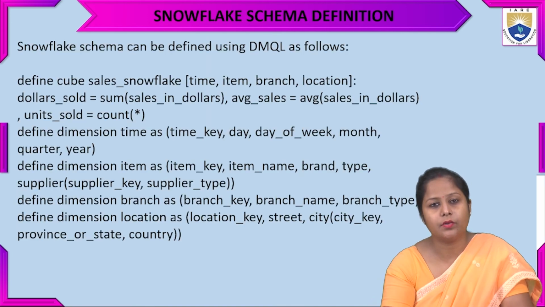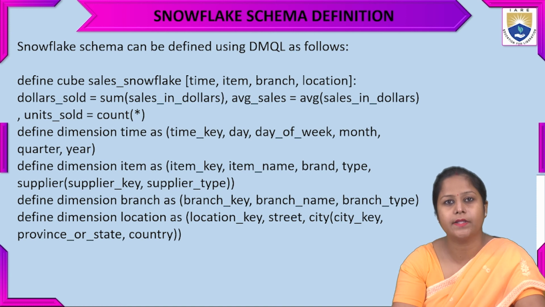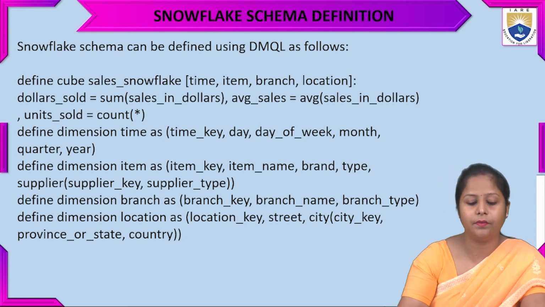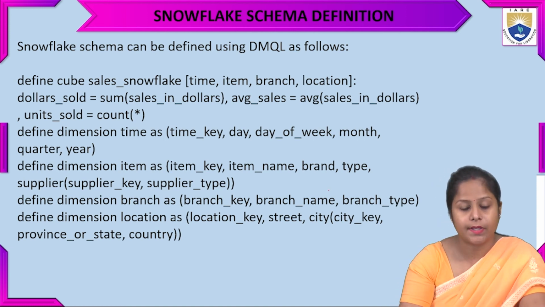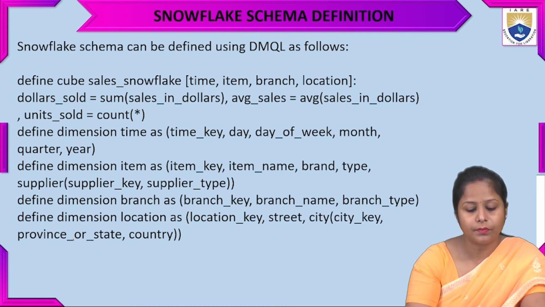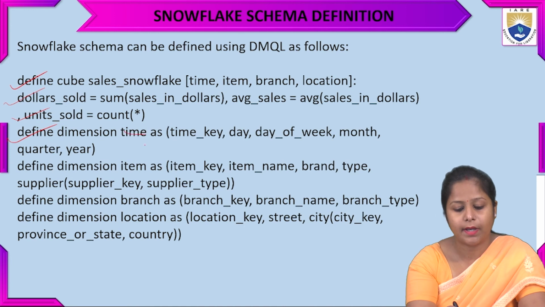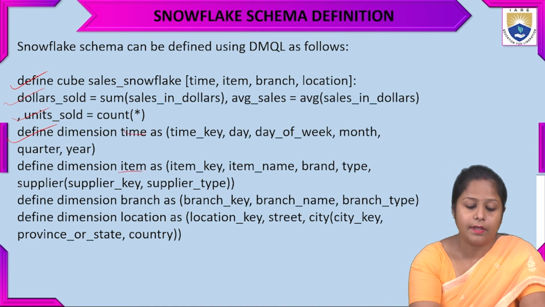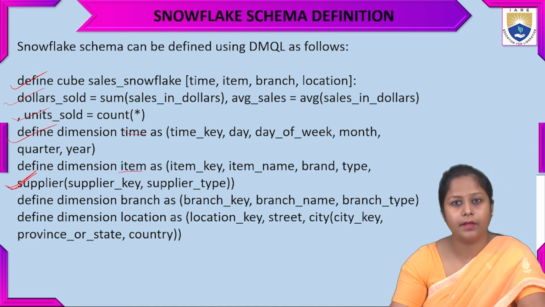This is the syntax to write for the Snowflake schema. So here we will check the difference from the star schema. Up to here, define dollars, units, define dimension time for the time, item for the item. Here the fact table is introduced.